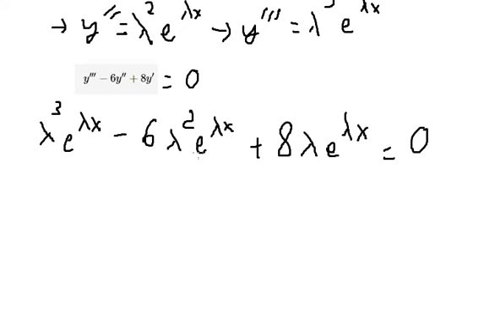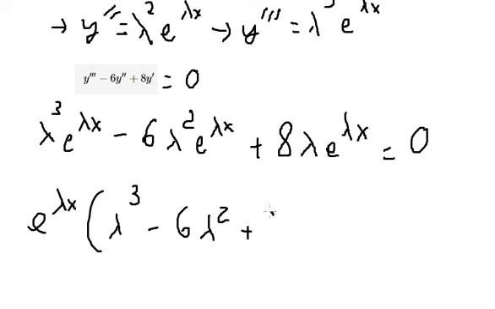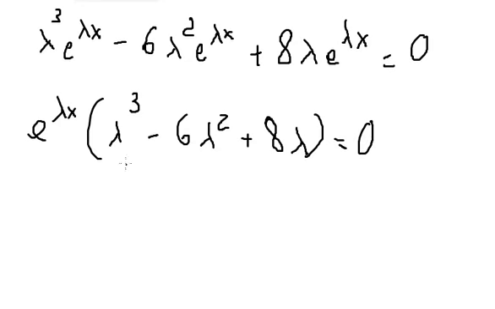So we have e to the power of lambda s. We can do factorization in here. So we have lambda to the power of 3 minus 6 lambda squared plus 8 lambda equals 0.